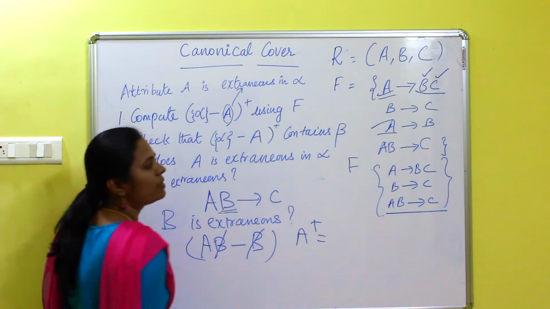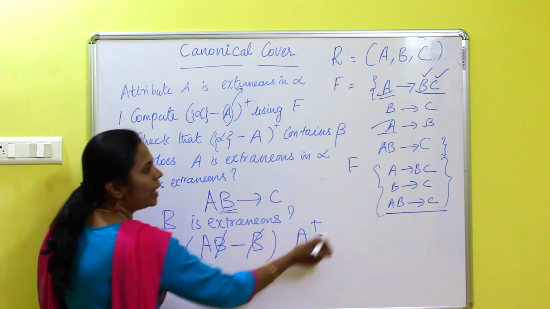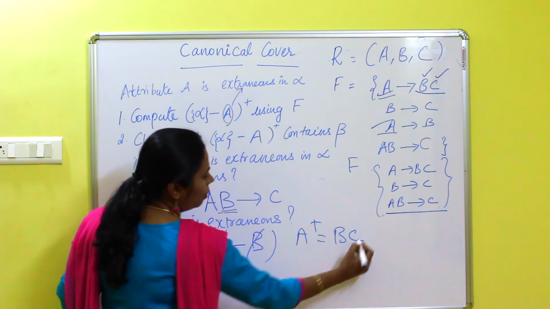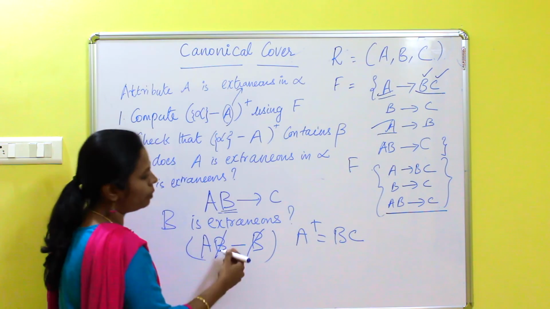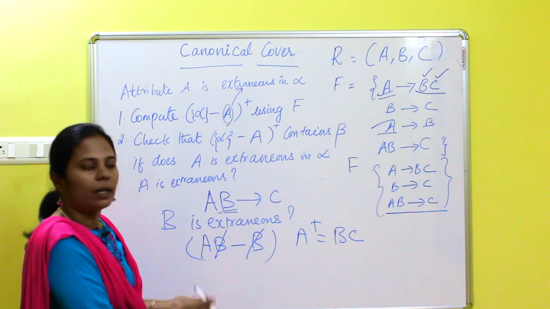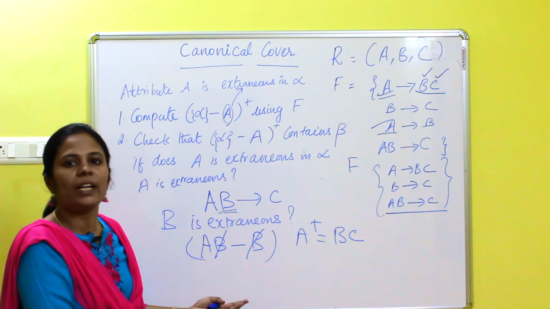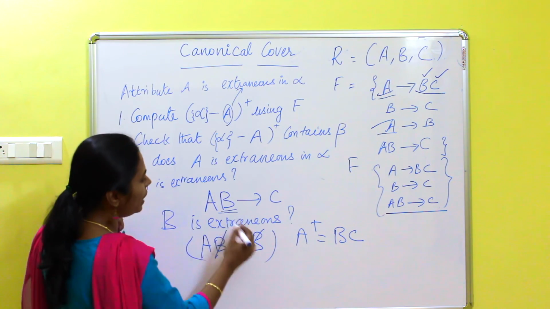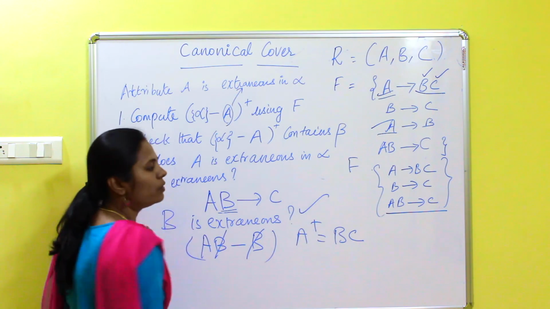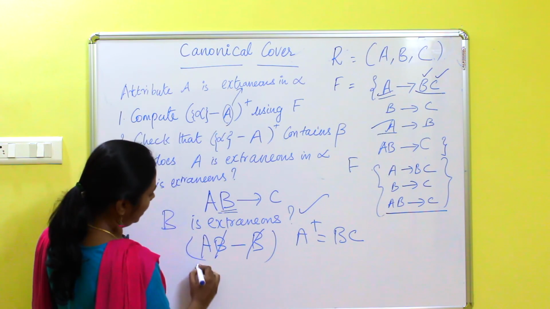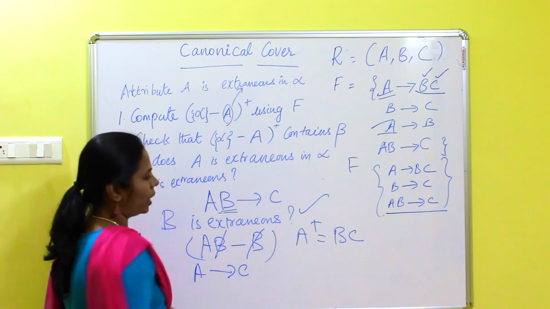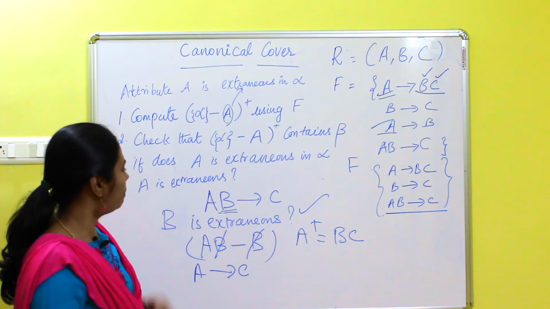From the given set of functional dependencies, A tends to BC, so you are able to get C even if you remove B from the functional dependency. So the functionality is preserved here, and B can be an extraneous variable. B can be removed and the dependency written as A tends to C. This is for considering B as extraneous.